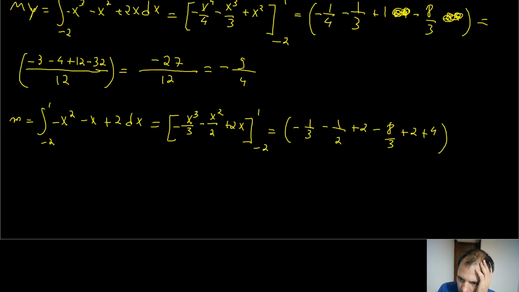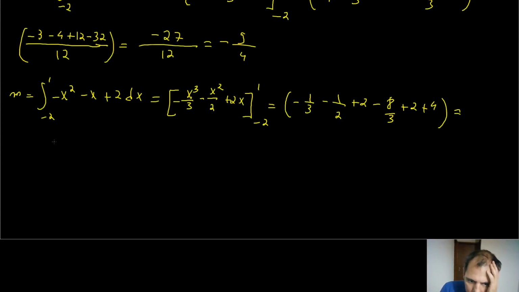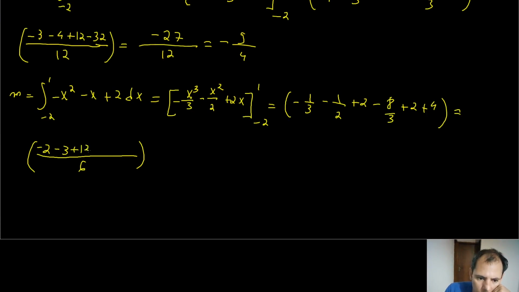So I think I'll check the minimum common denominator this time, a big one, which will be 6. So it'll be -2, -3, and then we have +12.